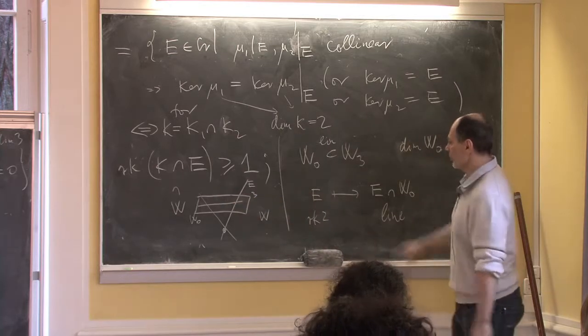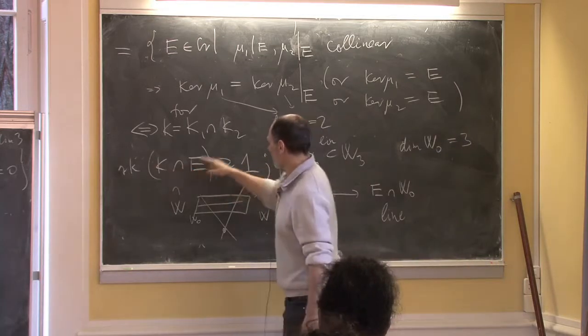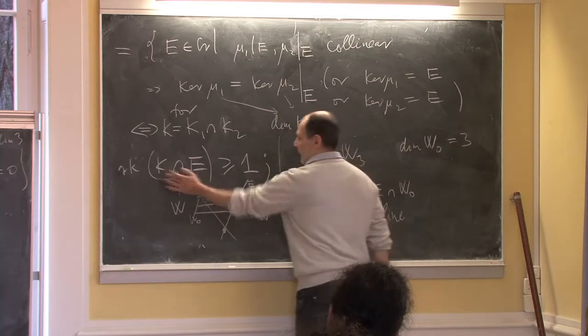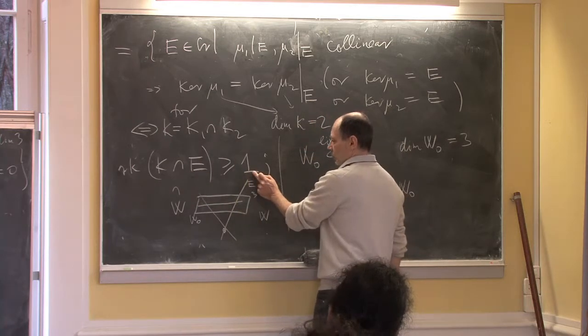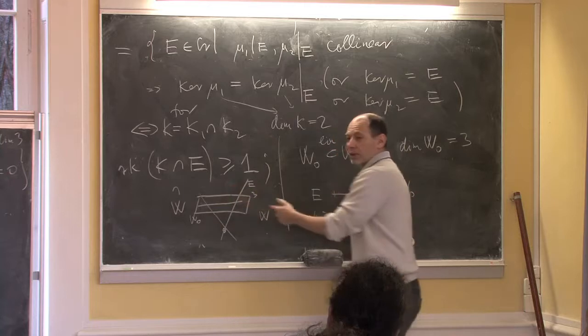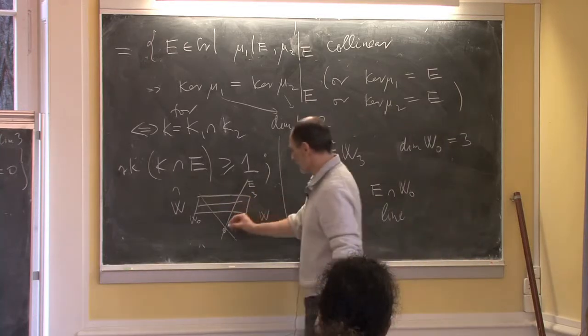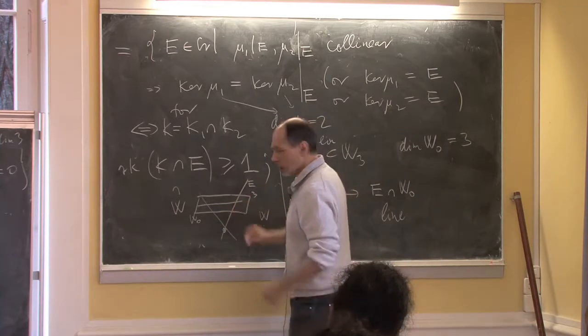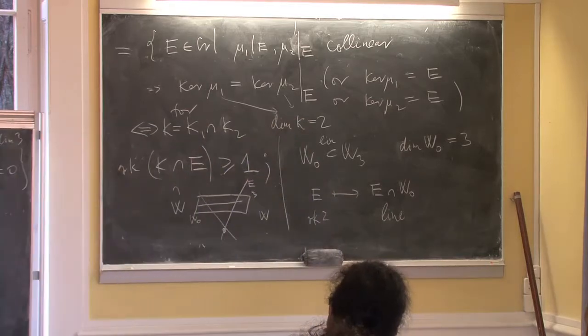So when you assume that the rank of the intersection of two planes, K and E, is at least 1, that precisely means that the two lines intersect, right?